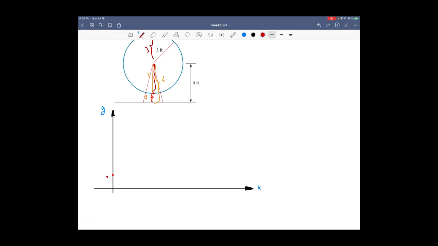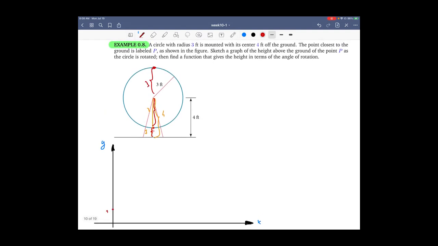At what point will that happen? Let's, for simplicity, rotate the circle in the positive direction as we always do. So at this point, the height is 7 feet, but what angle corresponds to this point? When we rotate point P by an angle of pi over 2, P will be here. Here, the angle will be half a revolution, which is pi.